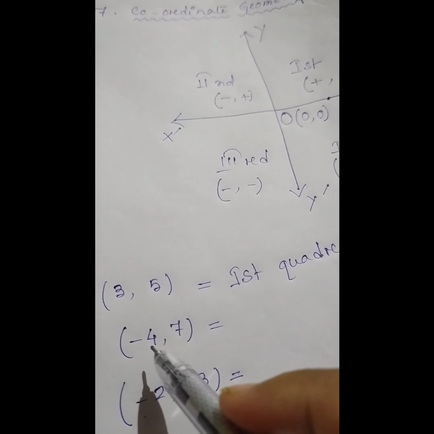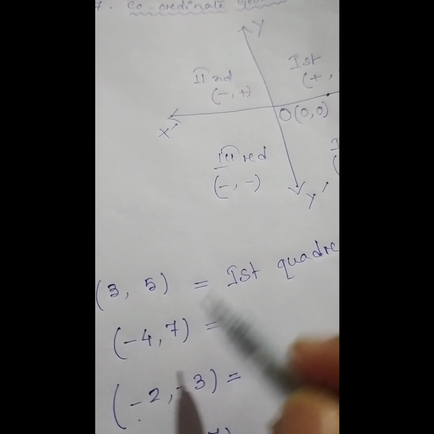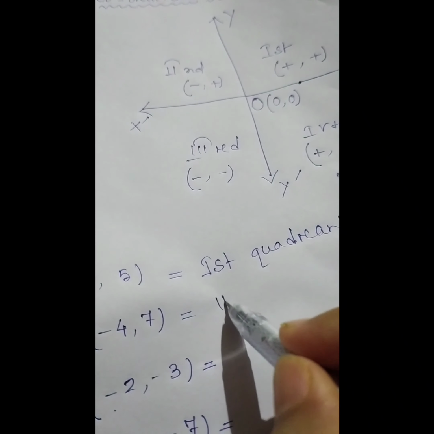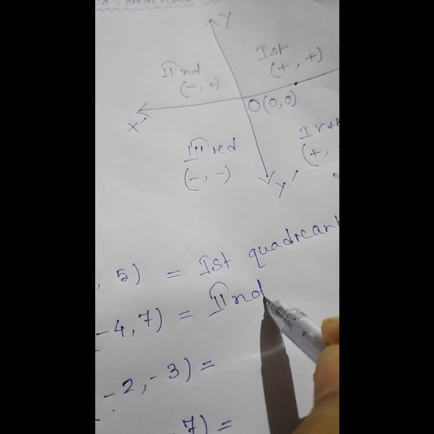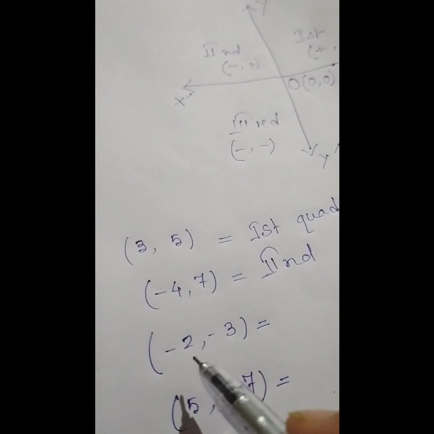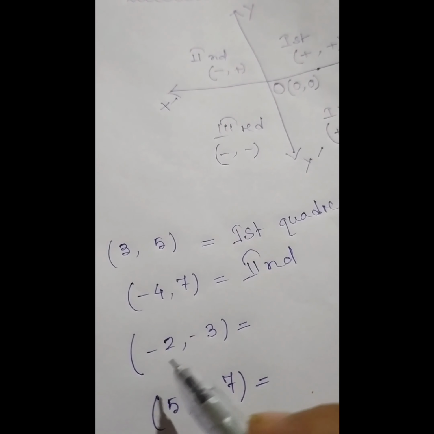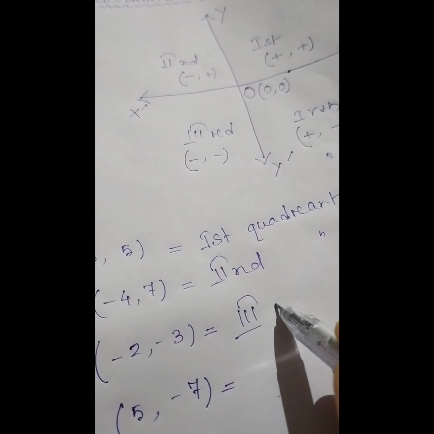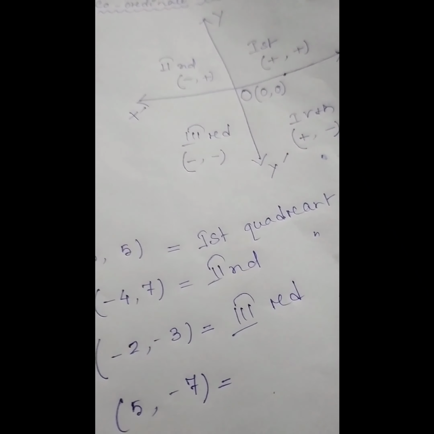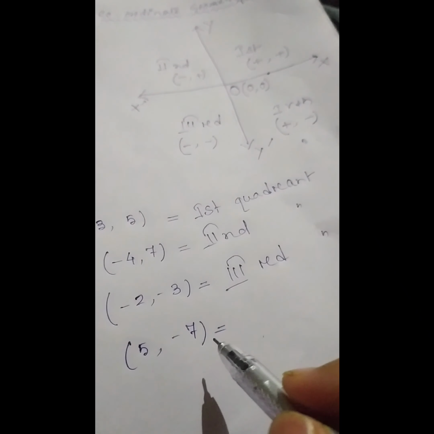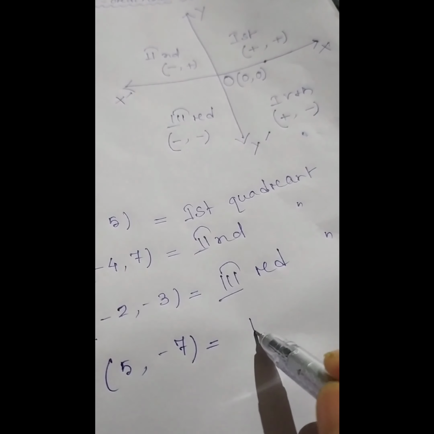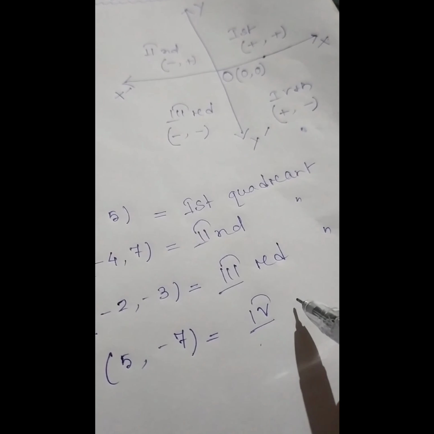The value of x is negative, y is positive, so it lies in the second quadrant. (-2, -3): both are negative, so it lies in the third quadrant. (5, -7): the value of x is positive, y is negative, so it lies in the fourth quadrant.